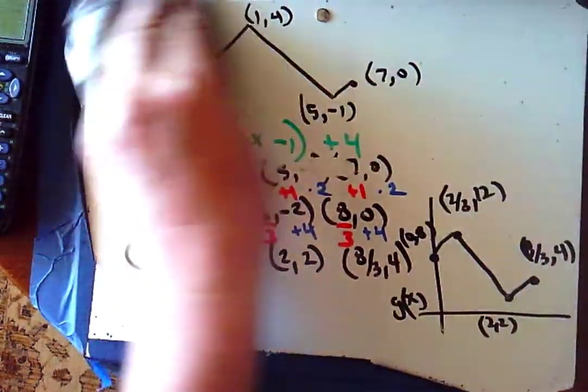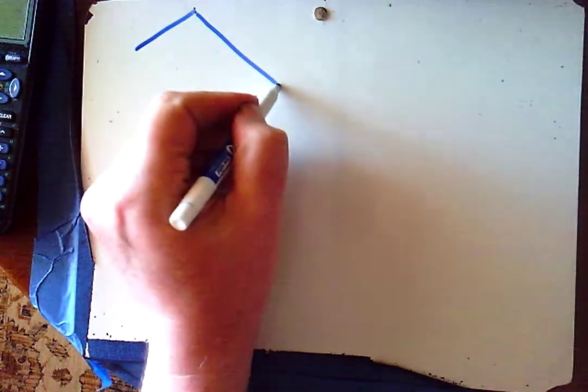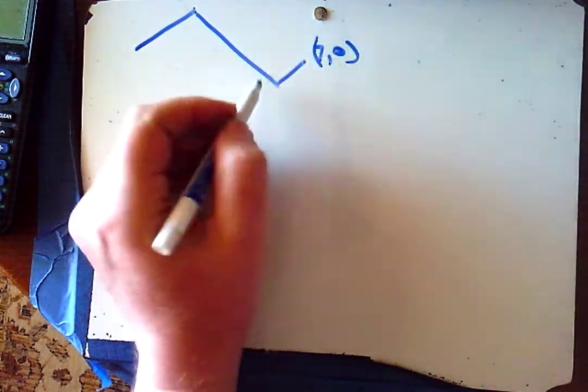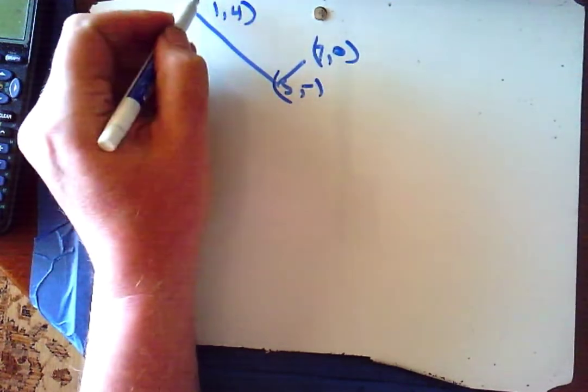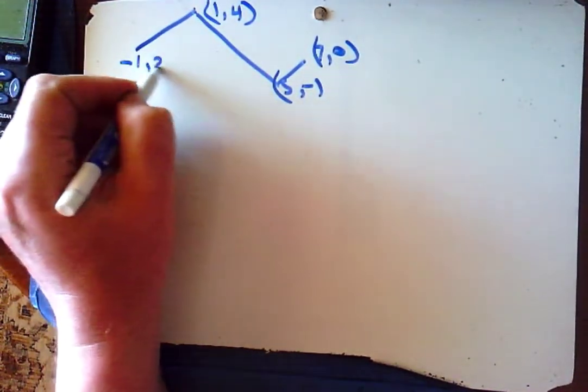Okay, let's do 1 or 2 more of those. How about, and again, we're using the same f(x): (7, 0), (5, -1), (1, 4), and (-1, 2).